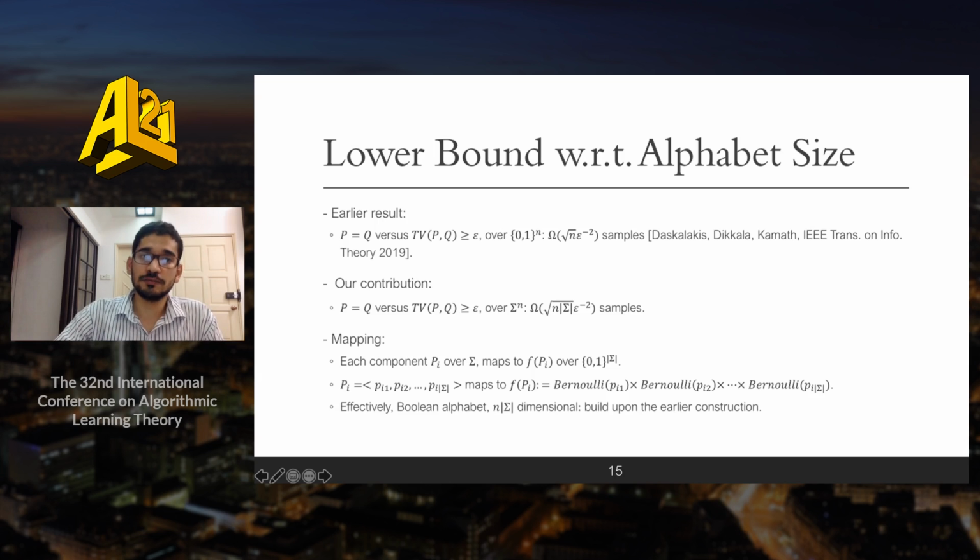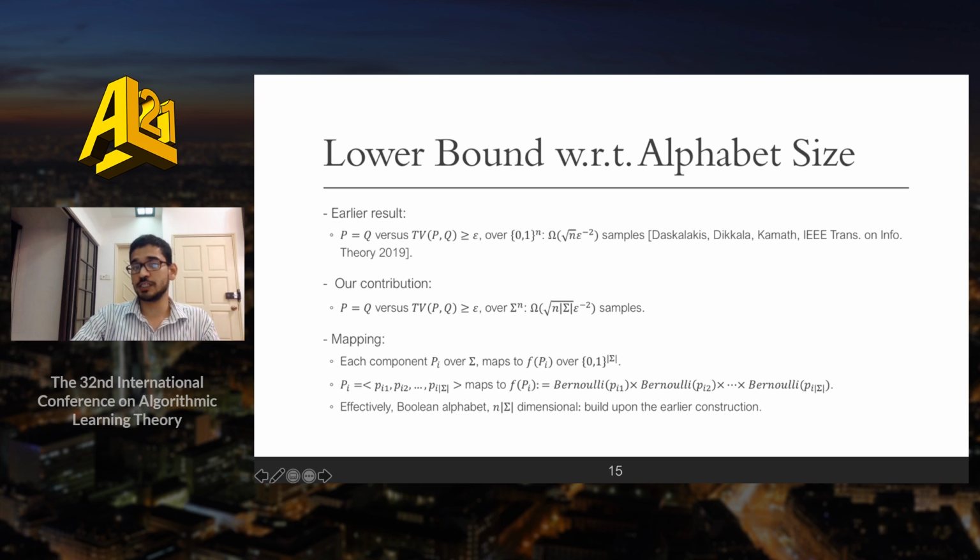And ours is also the first lower bound that involved alphabet size for the identity testing problem without any tolerance, where we extend the previous work. For this, we map each of the component distributions pi over sigma to a distribution f of pi over the hypercube 0, 1 to the size of sigma. Let's say pi is the distribution pi1, pi2 up to pi sigma.